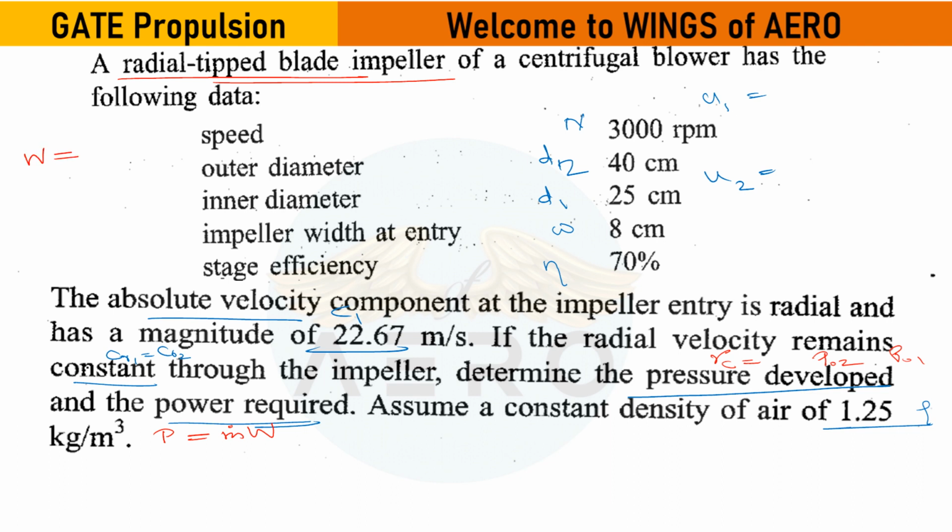Work done equals U square. How can you find U? Here they have given the speed, so can you find U? Then mass flow rate. What is the formula for mass flow rate? Rho A V.